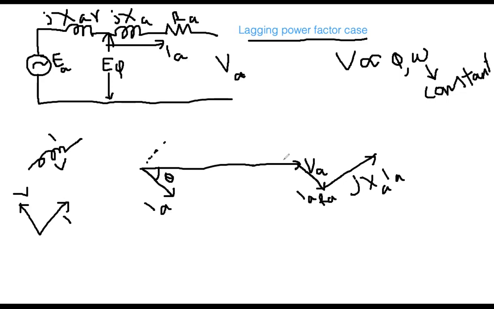Then the next voltage drop is jXA and IA. So where is it located? It will be here. Always I am starting from the end point of the previous voltage drop. So these all are voltages; only this one is the current.